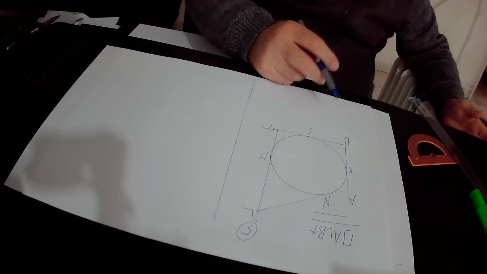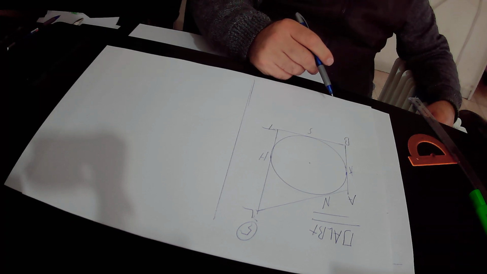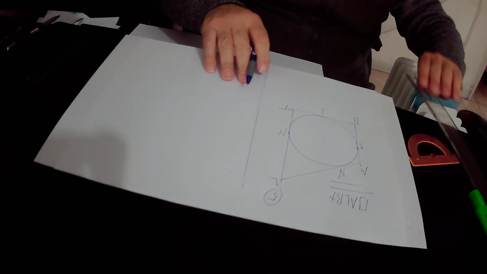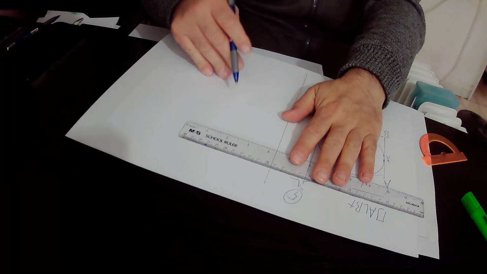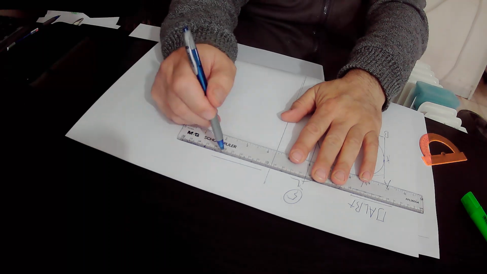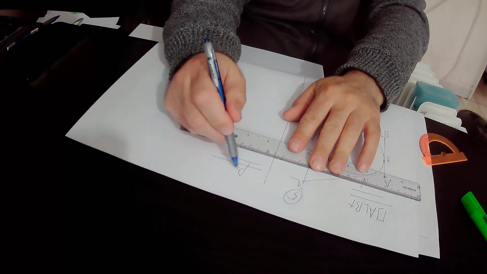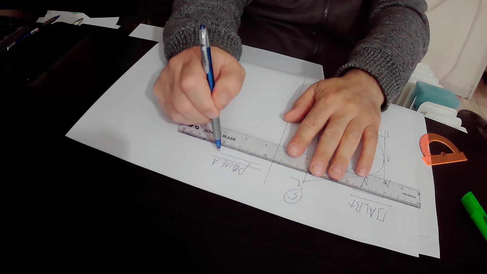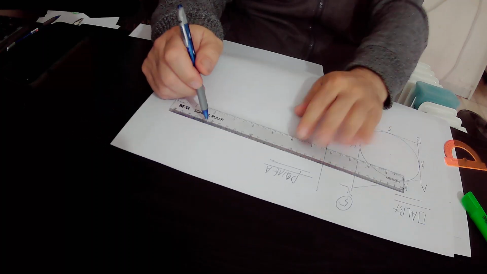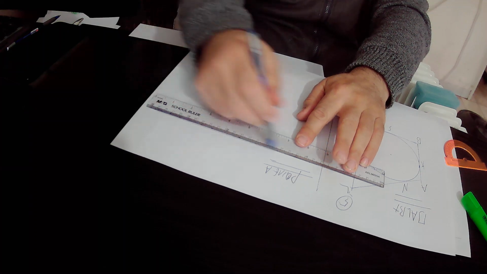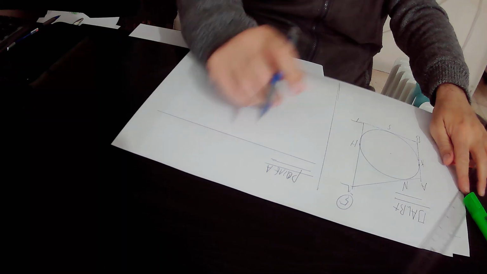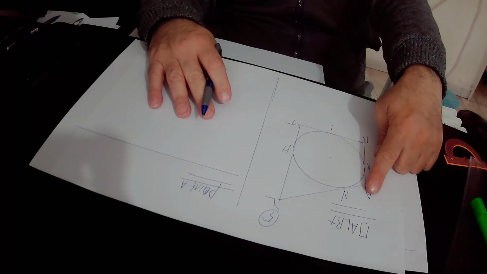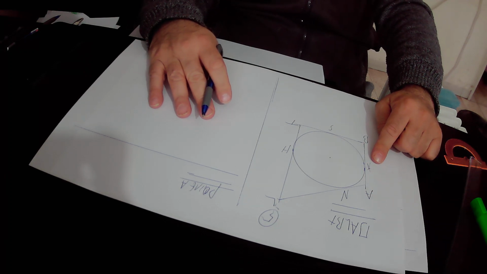So here we can implement rule 2. Why? Because if we focus on the common external point A, from point A we have two tangents to this circle, tangent AM and tangent AK, and according to rule 2, they are equal to each other.